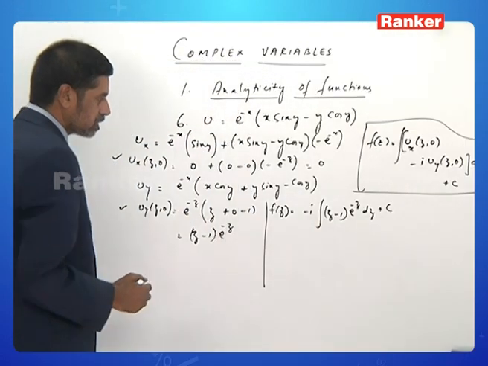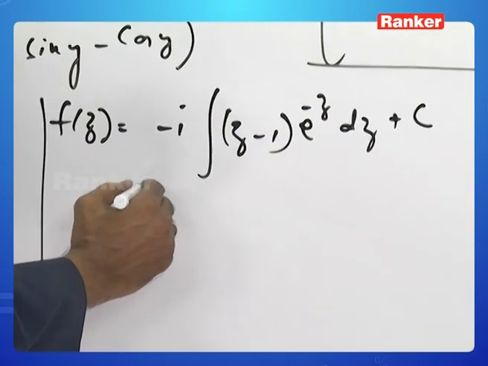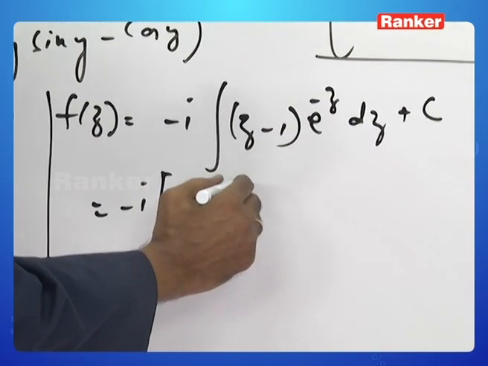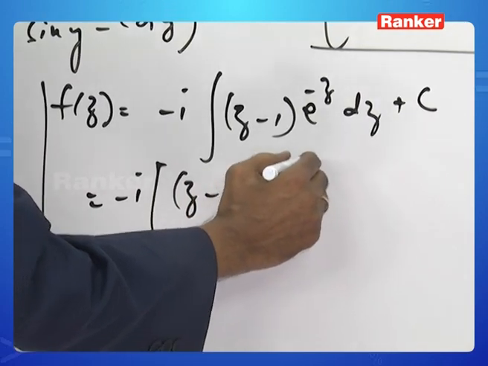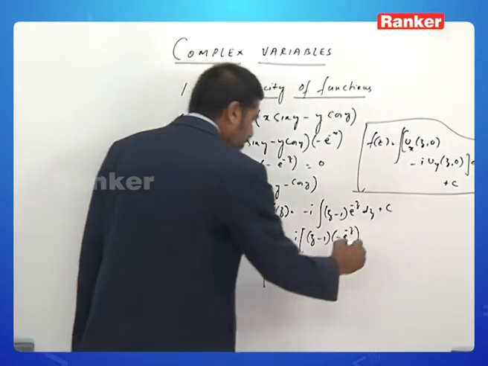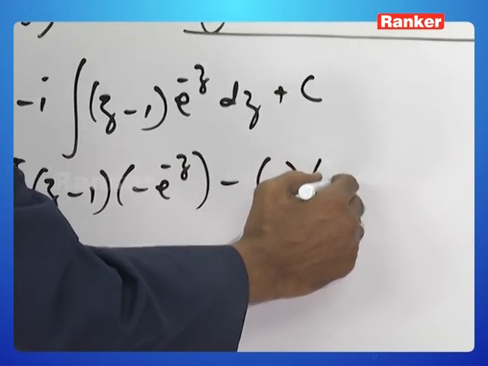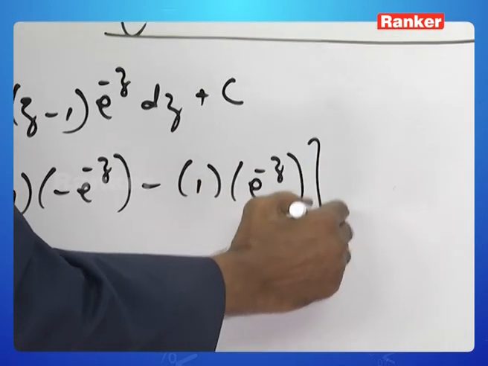You have to only integrate this by parts. You get minus i into z minus 1 into minus e power minus z minus of 1 into e power minus z plus constant.